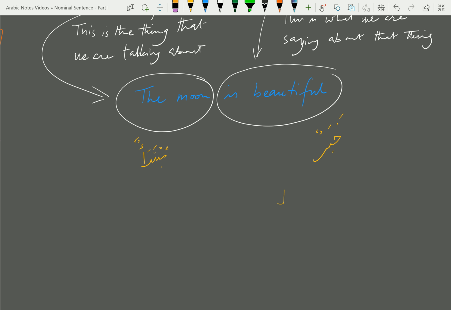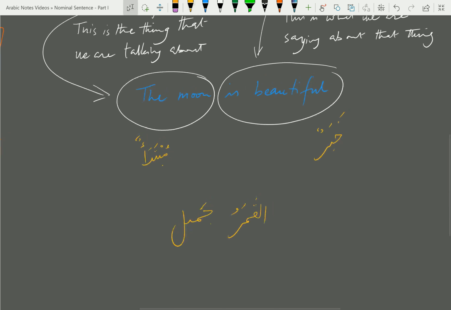So when I say al qamaru jamilun, what am I talking about? The subject here is al qamar, so that is my mubtada. And what is the khabar? What am I saying about the qamar? The fact that it is beautiful. So jamilun is the khabar.